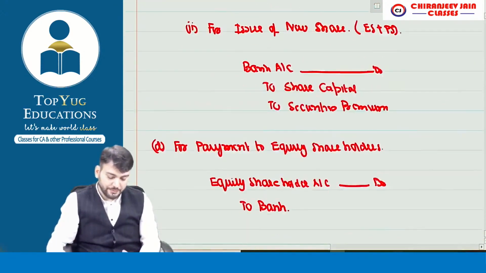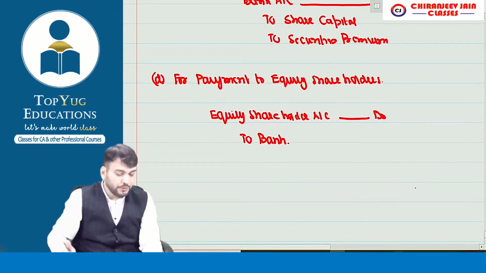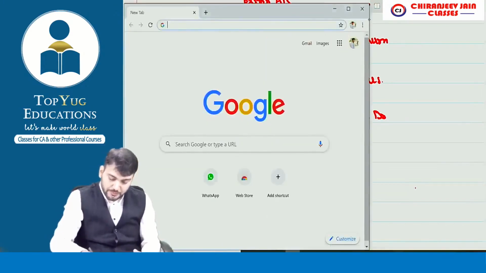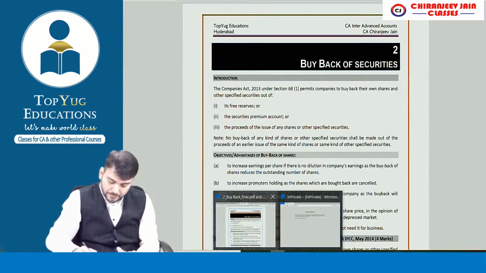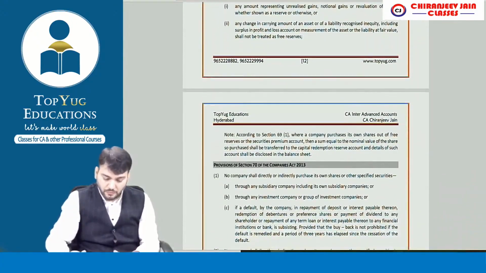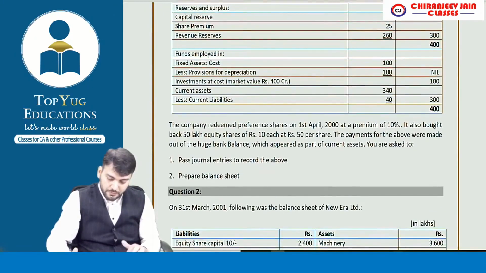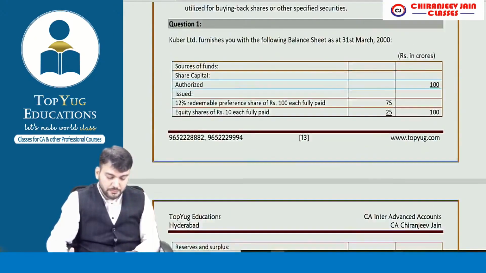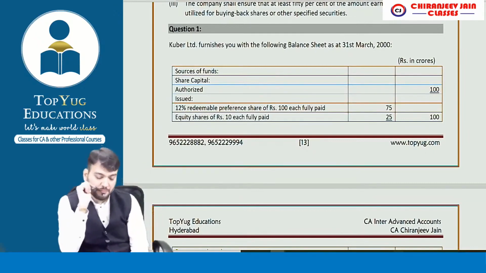Shall we move ahead? Yes sir. Let us take one question. Come to question number 1. A very simple chapter. Kuber Limited furnished you with the following balance sheet as at 31st March 2000.